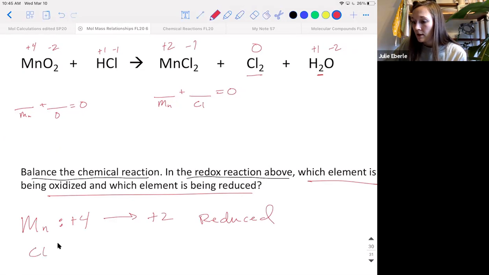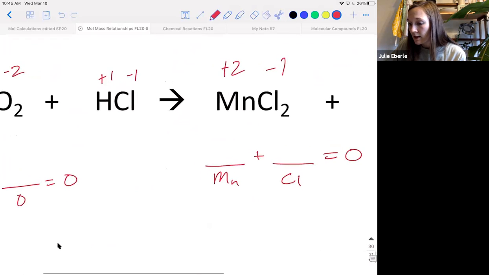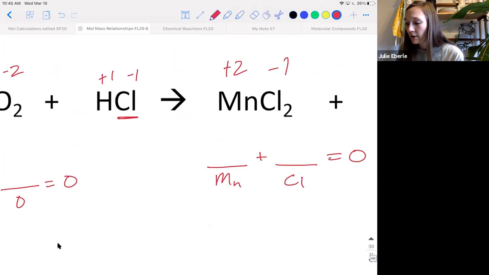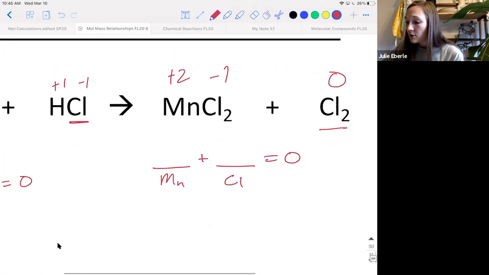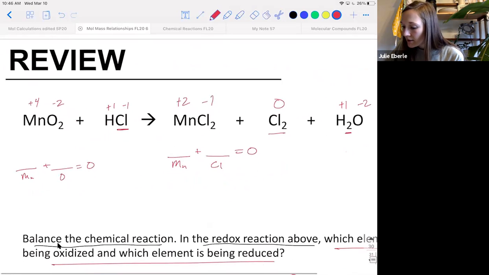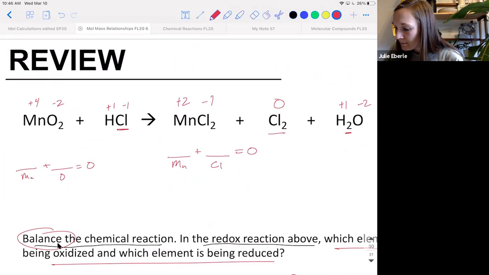Chlorine is a -1 right here on the reactant side. Then you have, oh, we didn't balance it, did we? That was rule number 1. Balance. To balance this, I think I need a 2 right here, and then I think we're good. No, we're not good.